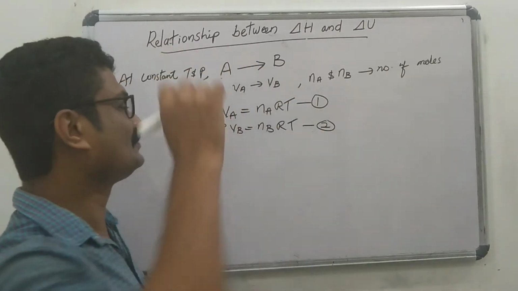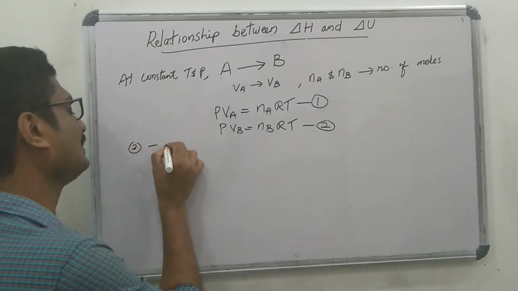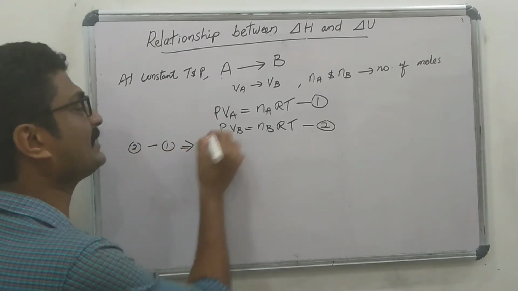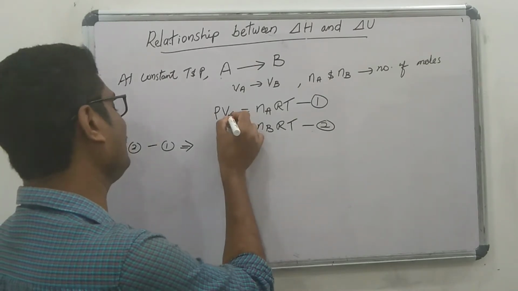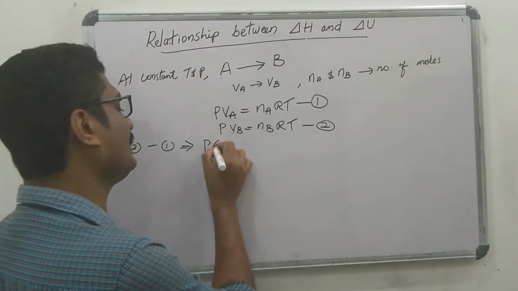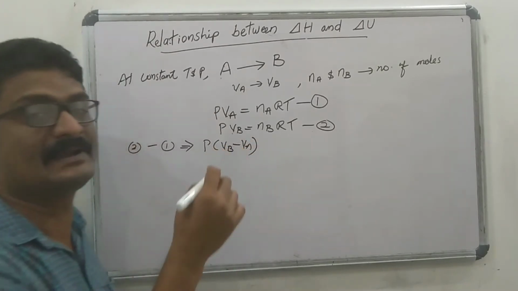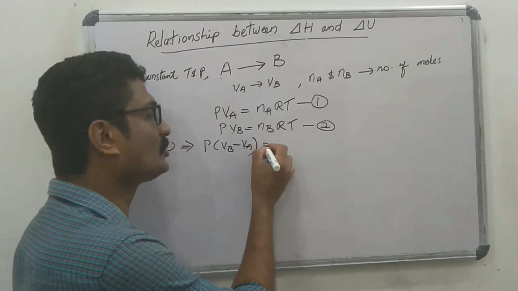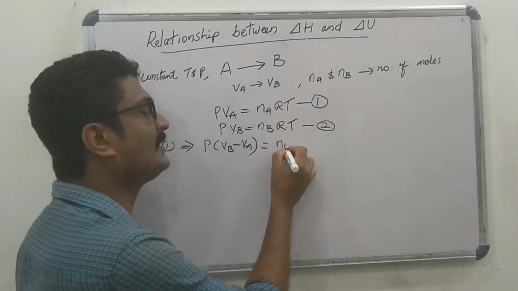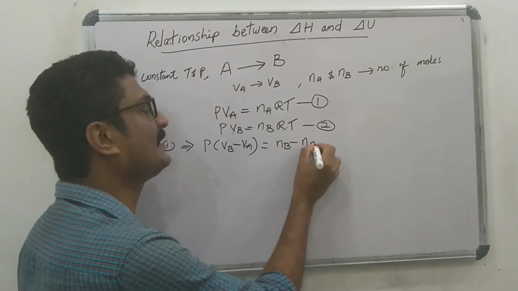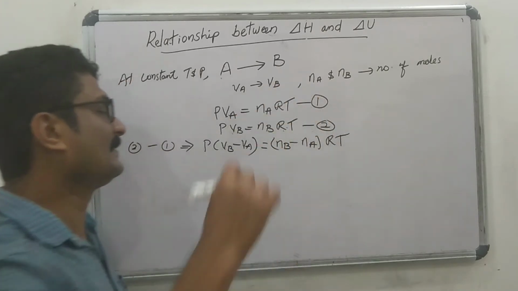equation 2. Then equation 2 minus equation 1 we get PVB minus PVA. Here P is common, so P into VB minus VA equal to NBRT minus NART, RT is common, so NB minus NA into RT.